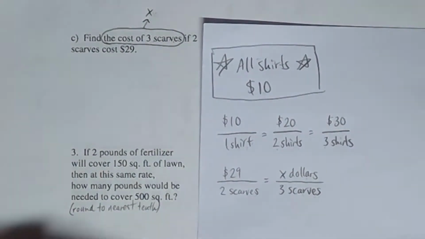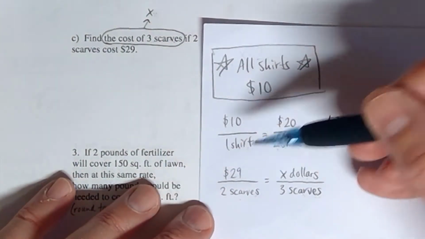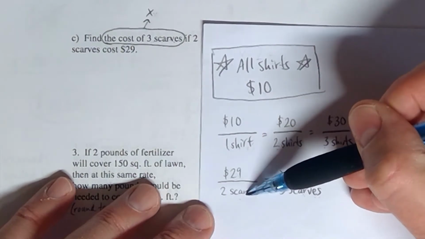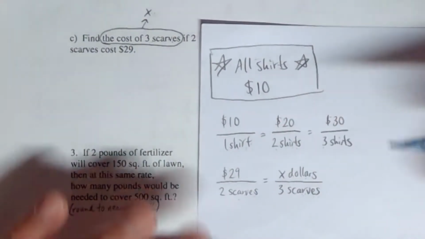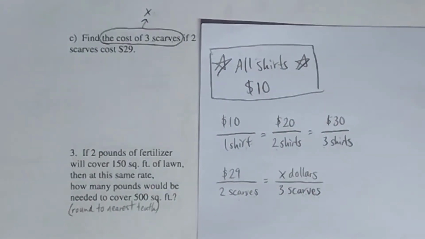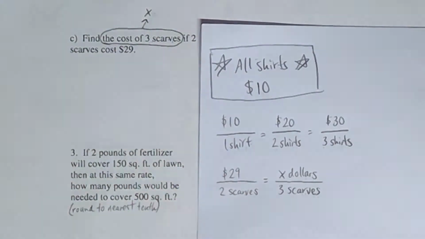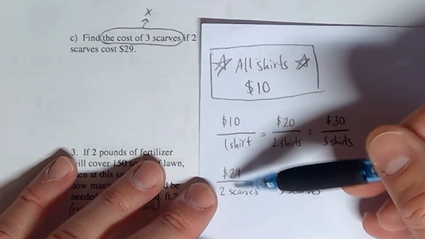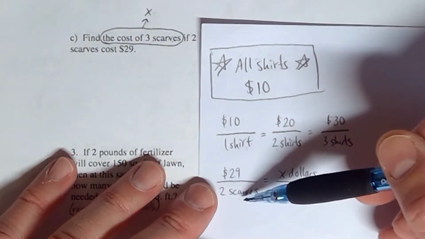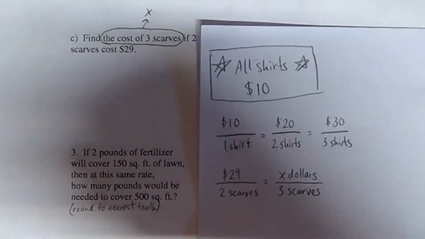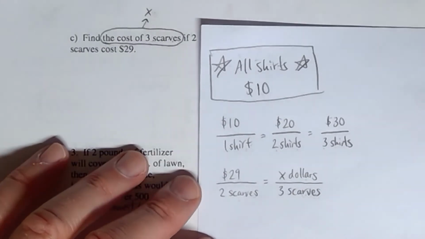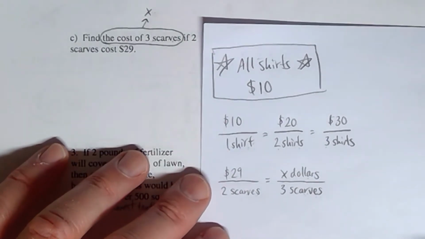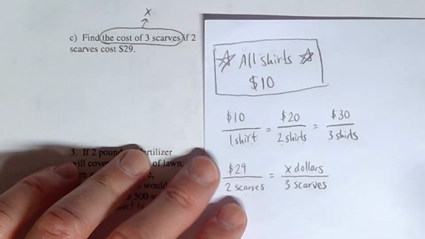The important thing is that it's the same thing here in both fractions. Dollars divided by scarves, dollars divided by scarves. Both of them are dollars divided by scarves, and so it's set up correctly. Those units of measurement, the dollars and the scarves, have to be the same and in the same order like I mentioned. If they are, then you've set up your fraction correctly as far as the order.